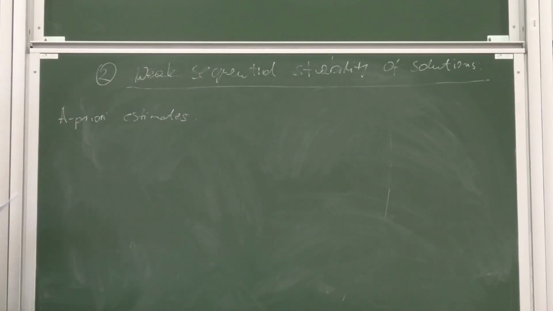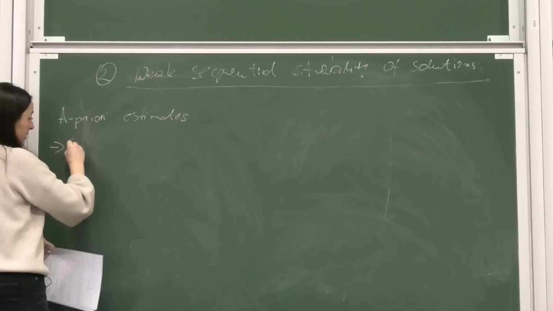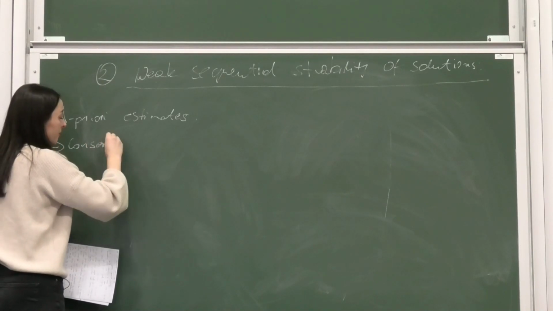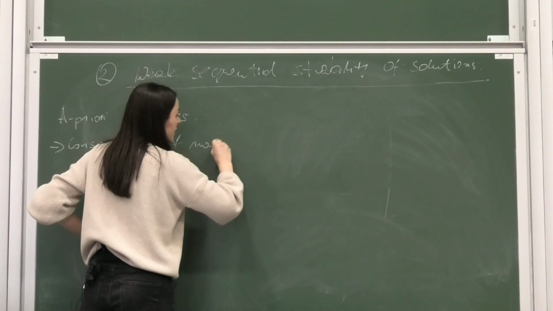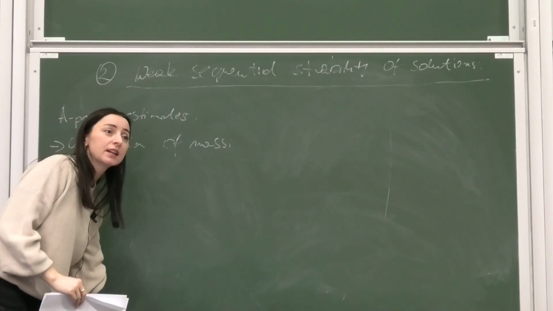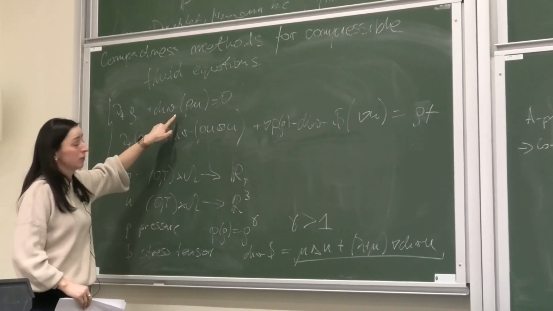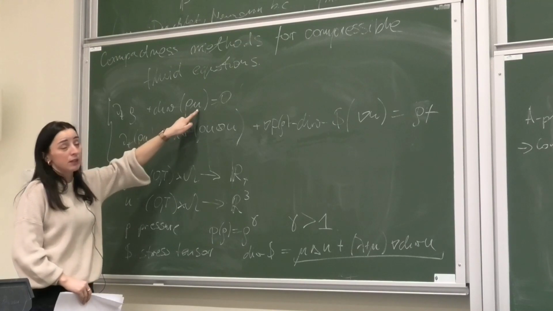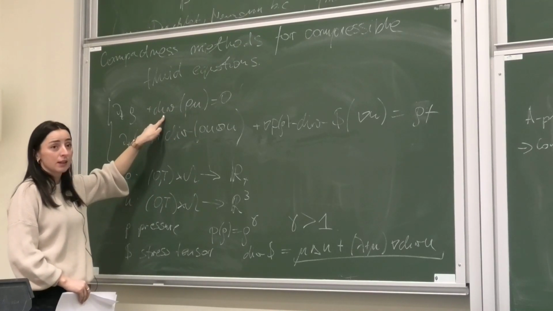Well, there are a few of them. Already, you know that the conservation of mass is a natural consequence of the first equation. You just integrate this with respect to space over some domain omega. If you have zero Dirichlet condition for velocity, the boundary term vanishes.